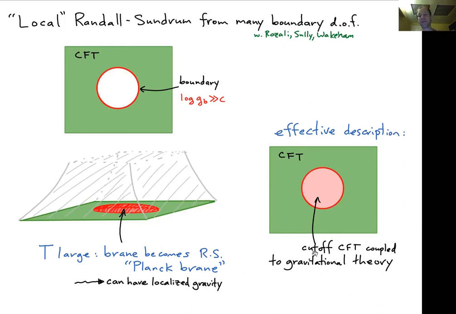So when we say cutoff CFT, of course, there are many ways to cut off a CFT. And maybe this is just saying it's some way of consistently coupling these deep interior degrees of freedom out to these brane degrees of freedom. Okay, good, thanks.